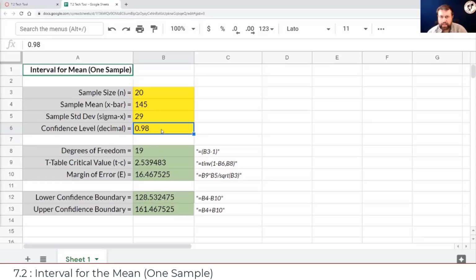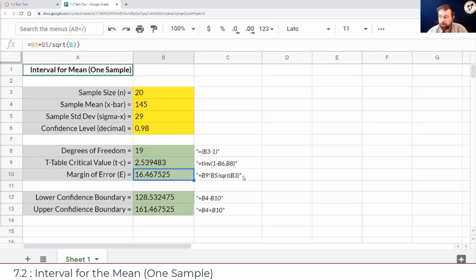This is the IQ stuff that we just looked at. The tech tool then automatically calculates the degrees of freedom, and here's the formula that I use to calculate that. Here's the t-score, the critical value from the t-table, and this is the formula that we use to find that, TINV. And then this is the margin of error.